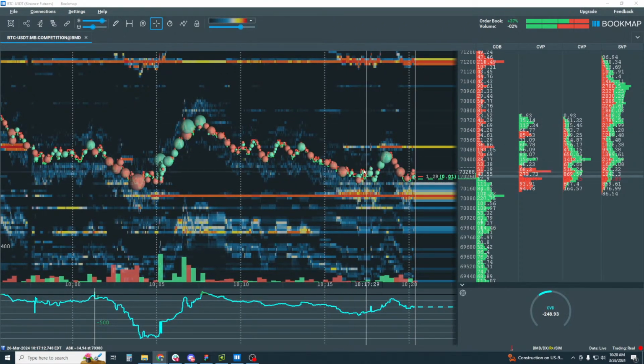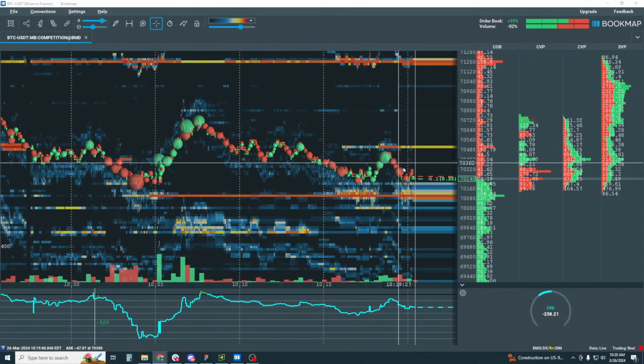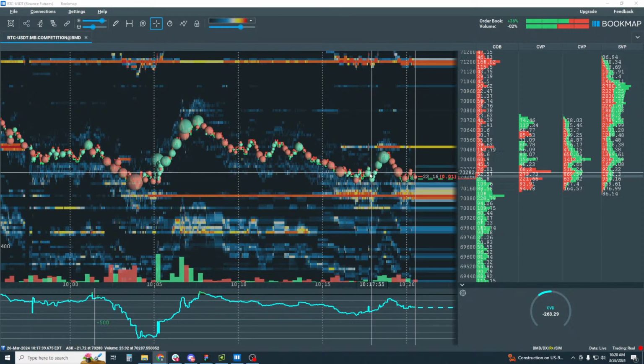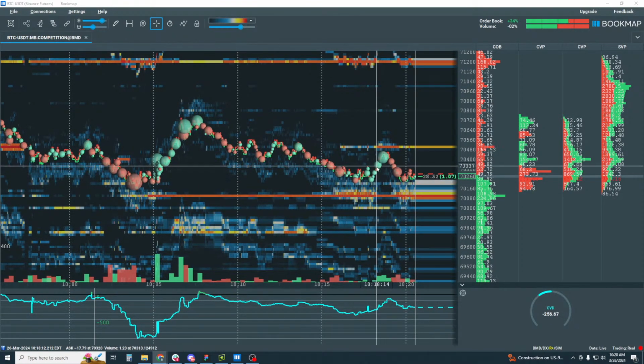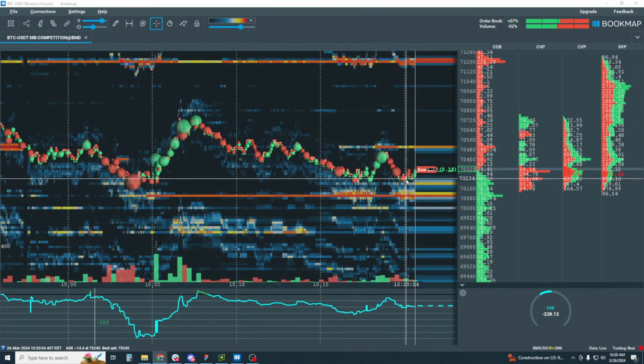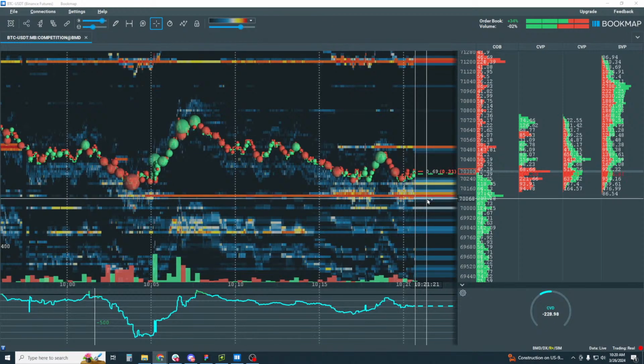Okay, look at the selling down here. Did we get the sellers we wanted? No, we got buyers up here. Currently, right now in the price action, are we getting the sellers we want? No, not really. So I'm not necessarily looking then for that scenario to unfold.